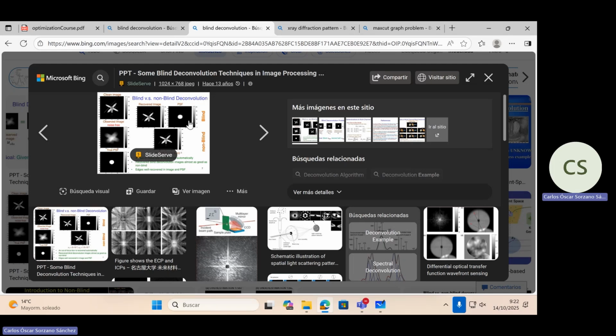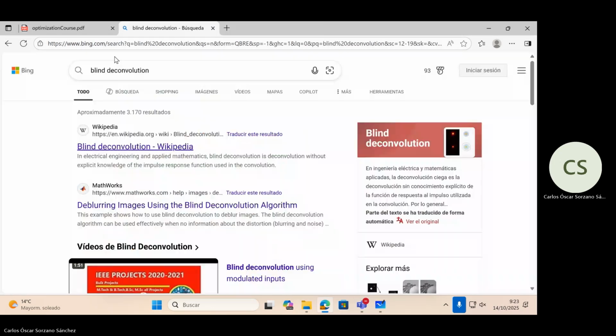So the system has degraded the original image in some particular way, such that this is what you observe. So can I estimate what is the response of the system and what was the original input? And this is the blind deconvolution problem. Blind because I don't know what the point spread function is.